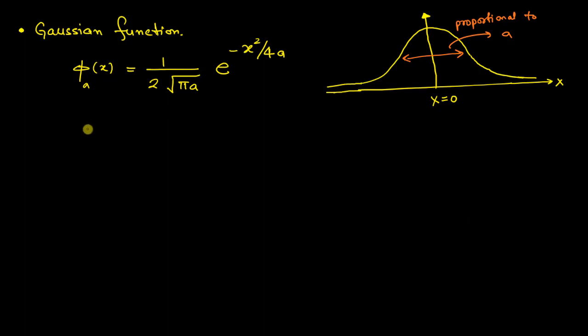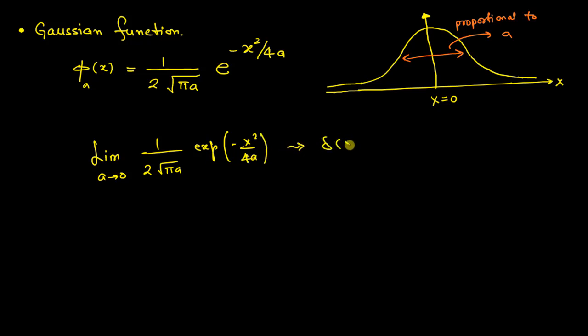So if you take this limit, a goes to 0, it means that you are decreasing the width of this Gaussian function. In this limit, this function, 1 by 2 under root pi a, exponential of minus x square by 4a, will tend to a delta function of x, because its mean is at 0, so the delta function will have a peak at 0.